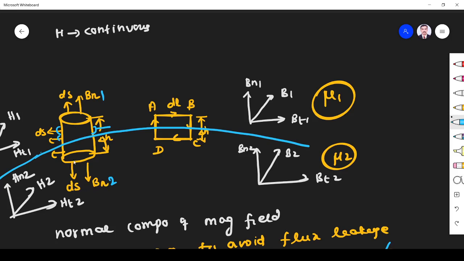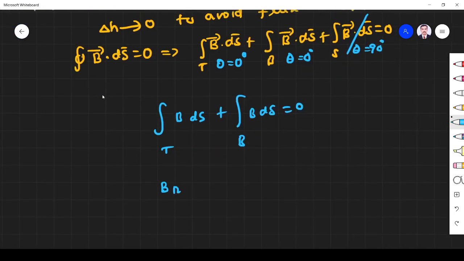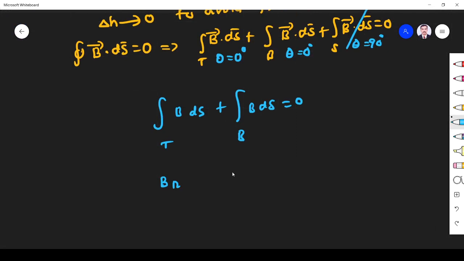But the surface area, you see, in the top it is going up. In the bottom it is opposite. So in the top it is Bn1 into ds, total surface area, right? B is a uniform magnetic field, take it outside. So integral ds we can take simply ds. In the bottom it is opposite, so Bn2 ds.